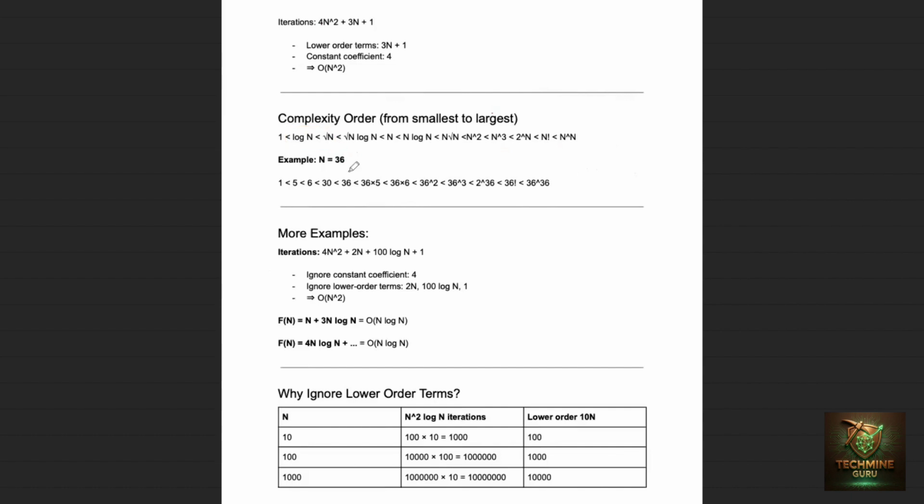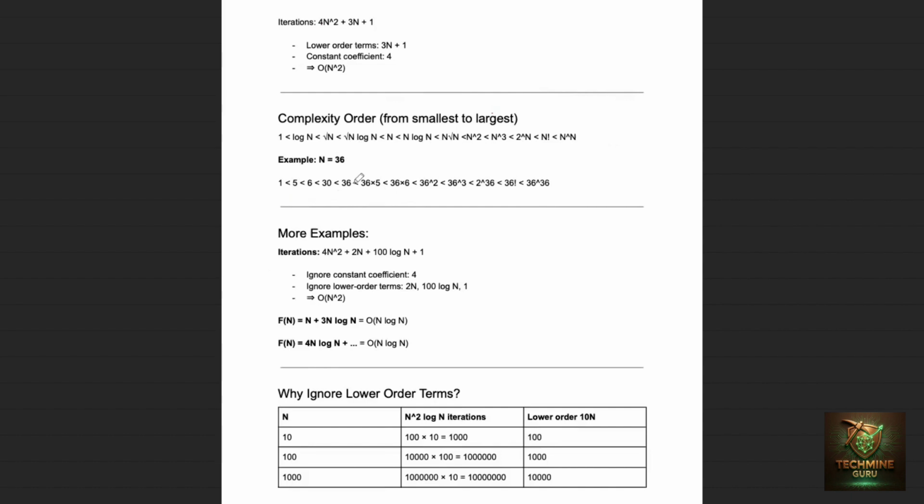So let's take one example. Let's take an example of 36. Let's write the corresponding value of everything on the basis of taking n as 36. So log of 36 will come somewhere around 5, since 2 to the power 5 is 32. Root 36 will be 6, which is greater than 5.